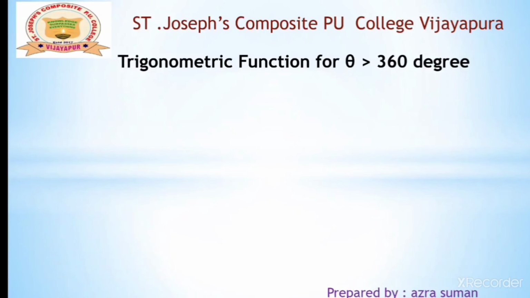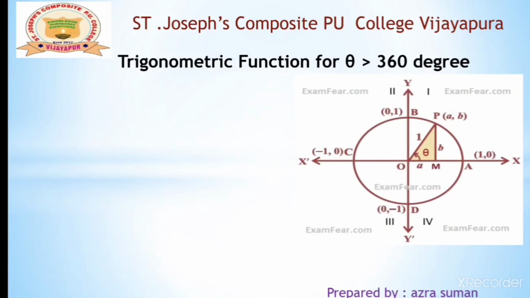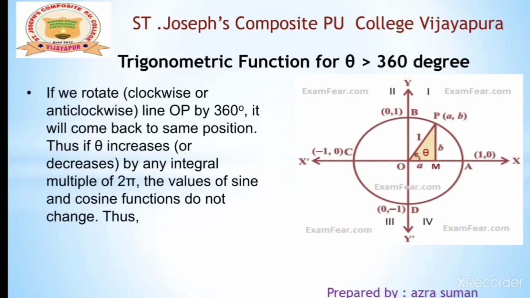Trigonometric functions for theta greater than 360 degrees. If we rotate the line OP clockwise or anti-clockwise by 360 degrees, it will come back to the same position. It is 2 pi, one complete revolution.